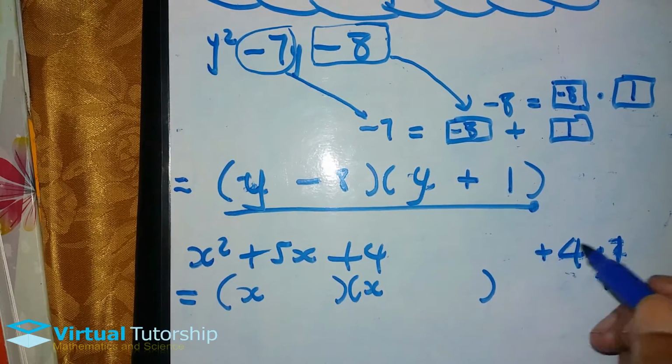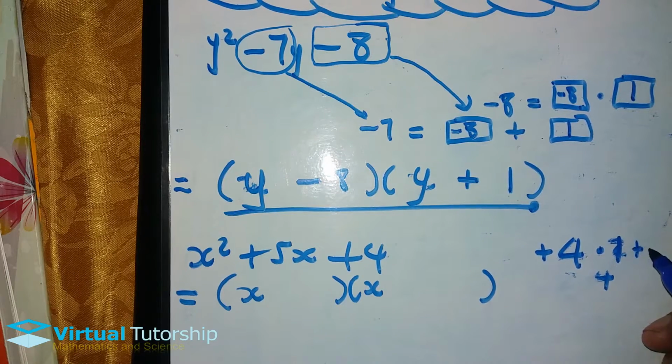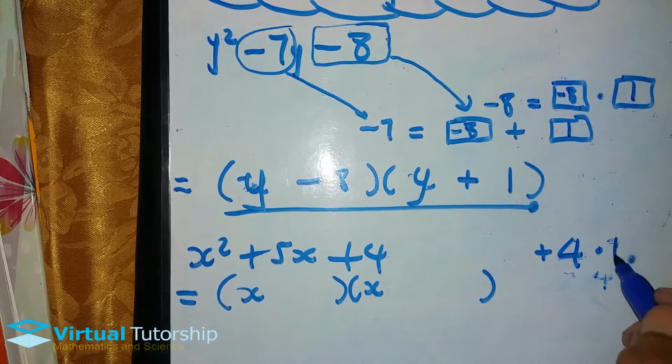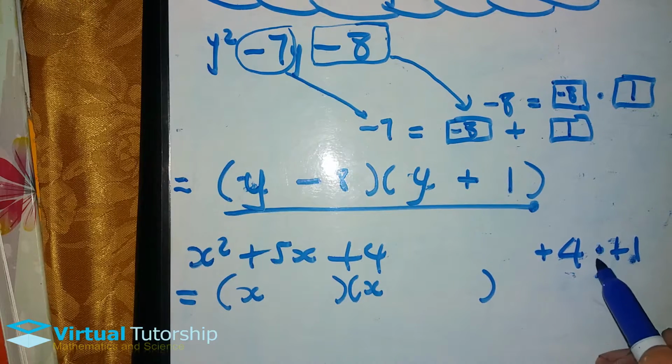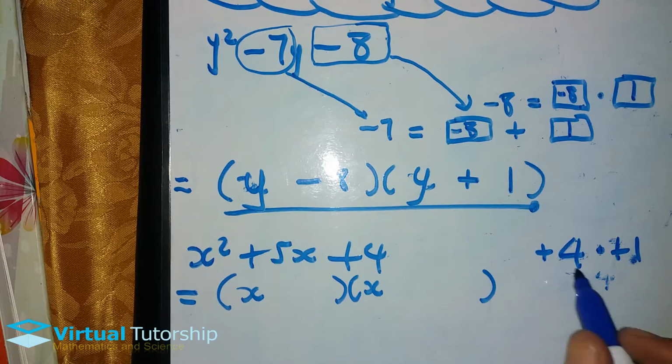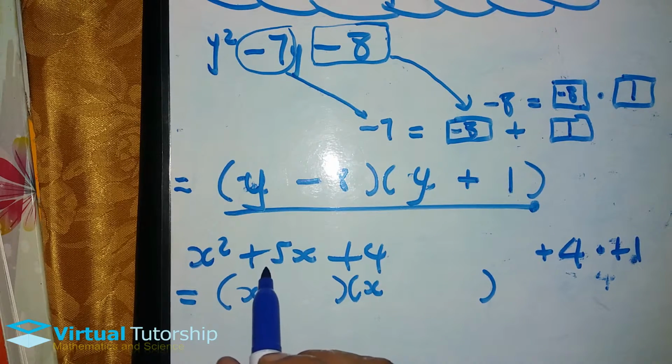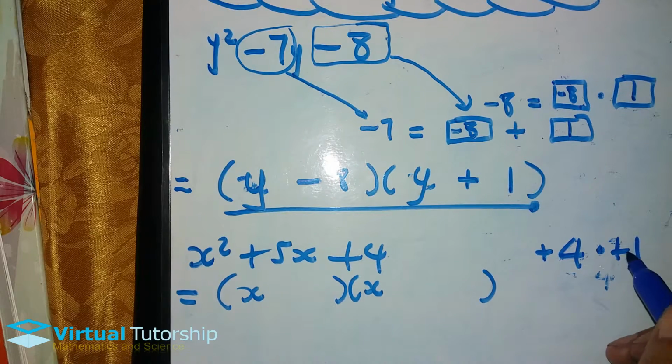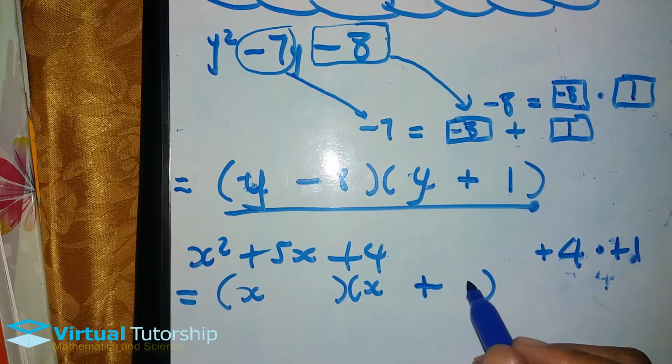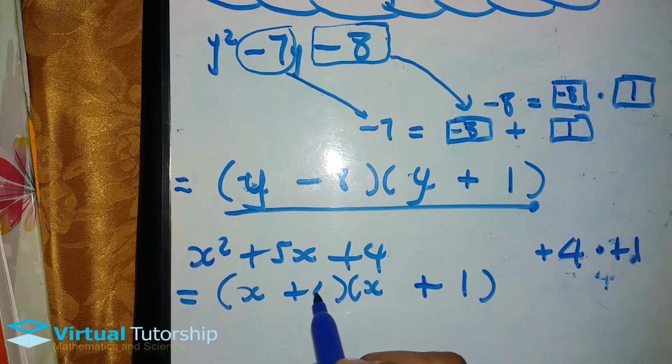It's positive 4 and positive 1. When I multiply them they give positive 4, and at the same time when I add them they give positive 5. So it's going to be plus 1 and plus 4.